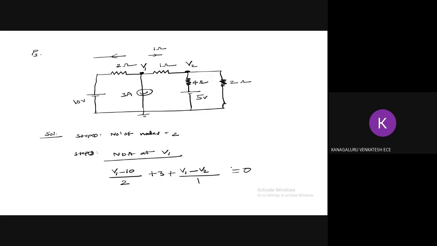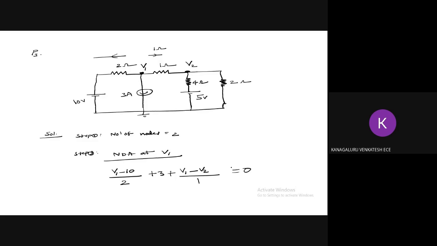Anything to be clarified in writing the nodal equation? Yes or no? Or do you want me to repeat it? Clear. Yes or no, sir? Clear or not? Sir, is it always V1 minus V2?